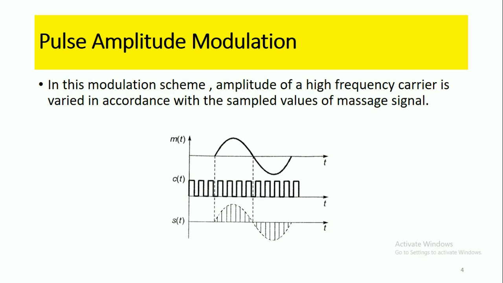The amplitude of the carrier signal is varied according to the message signal. Here these are the pulses. The pulse amplitudes are varied in accordance with the message signal. This is the output of pulse amplitude modulation, that is s(t). This is about pulse amplitude modulation.